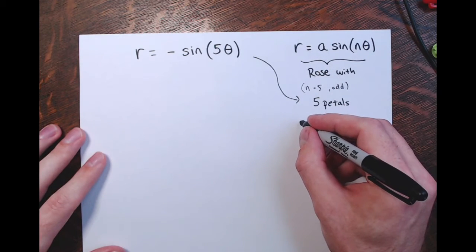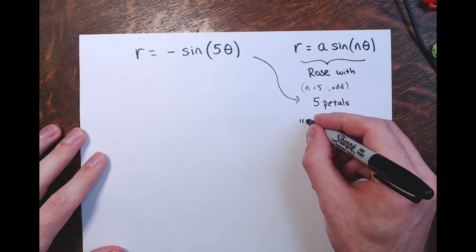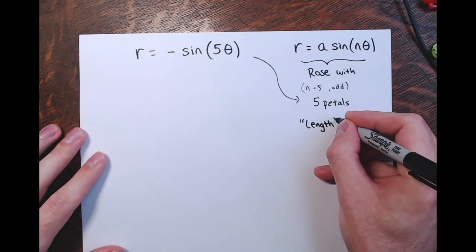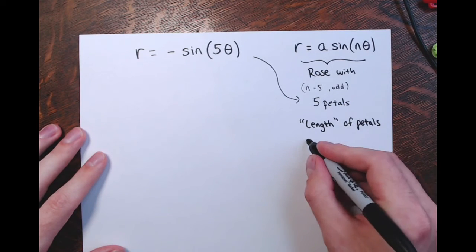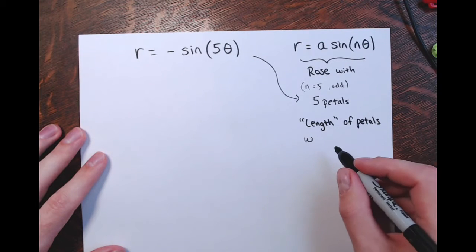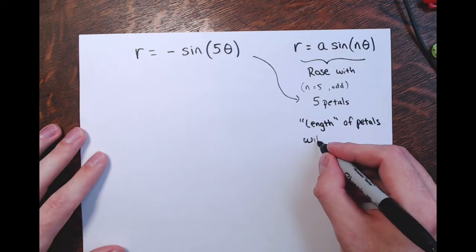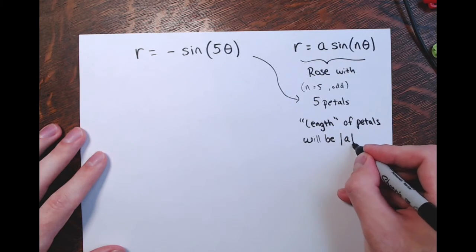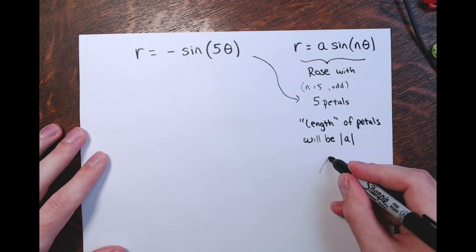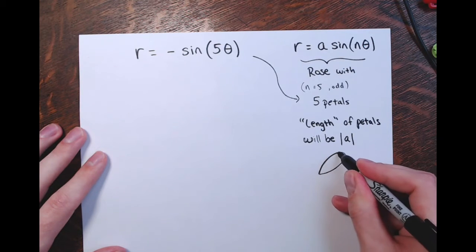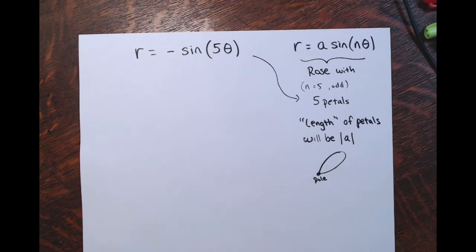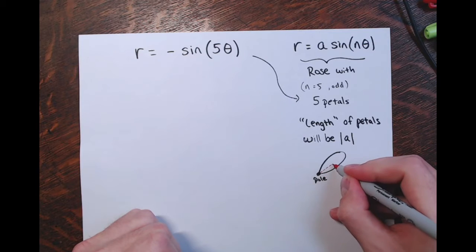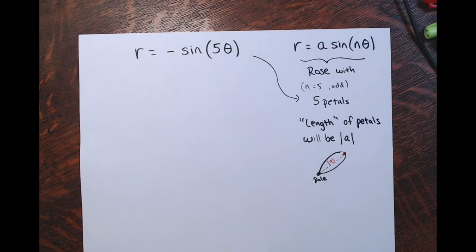Basically, the length of the petals of this rose curve, which is the distance from the origin to the end of the petal, will just be the absolute value of a. So here's an example of a petal. Here's the origin, the pole. What I mean by that is that the distance from the pole to the end of the petal will be the absolute value of a units long for all of these petals.